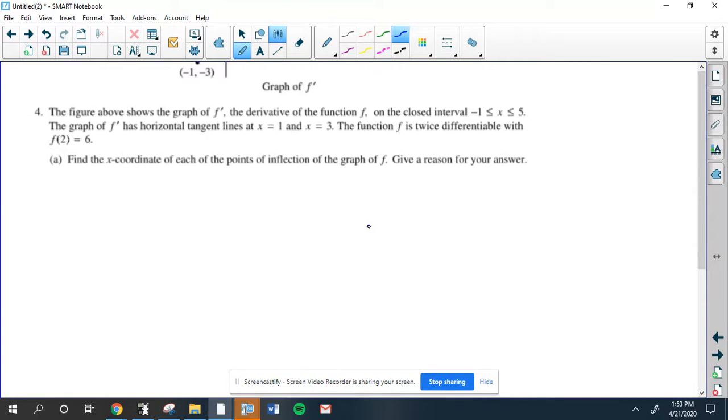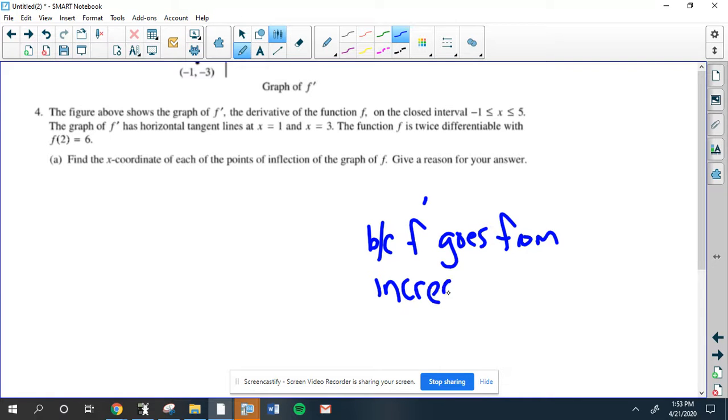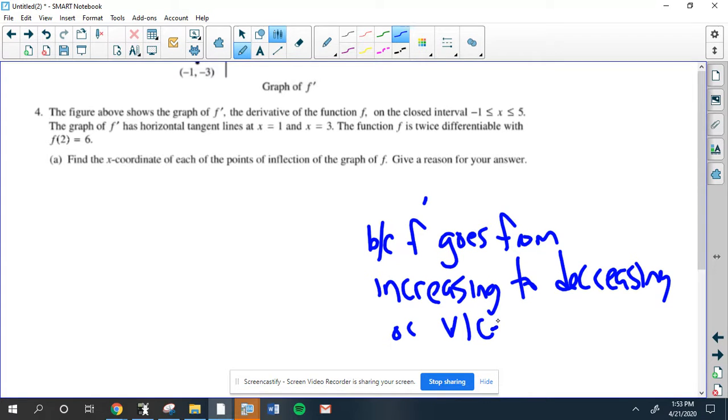It's the point of inflection only when, because, the first derivative goes from increasing to decreasing or vice versa. Make sure you don't say negative to positive because that's not true. It's when the first derivative goes from increasing to decreasing or vice versa.